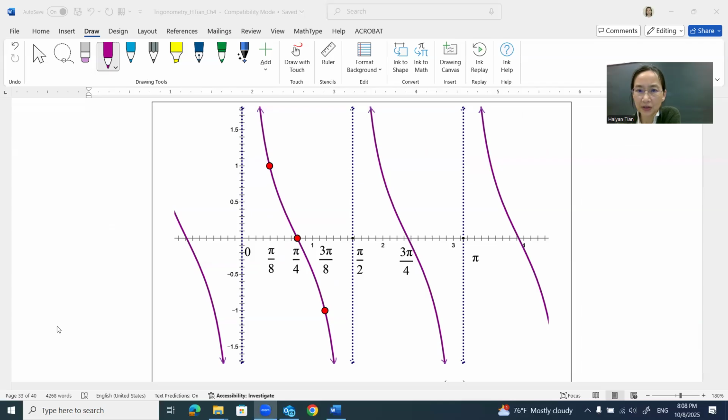But it's not always decreasing. On each subinterval, you see a continuous decreasing curve.